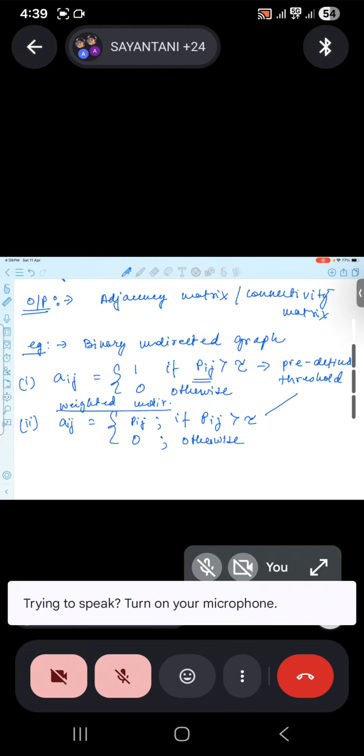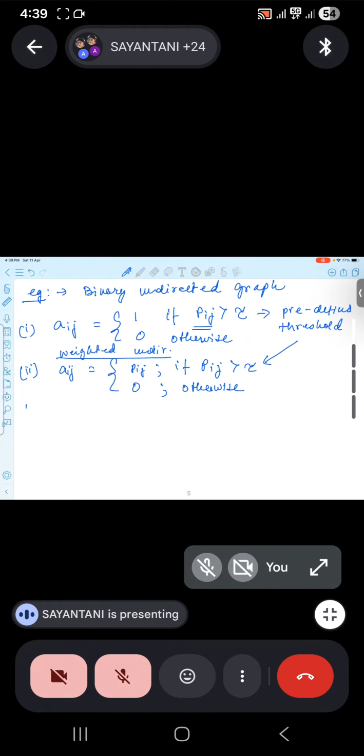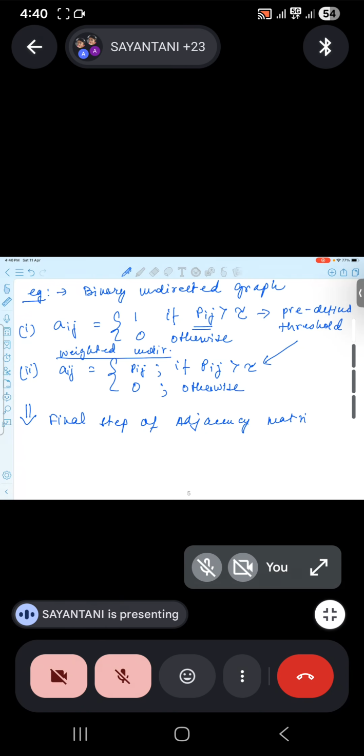So tau is the same thing, a predefined threshold. That means in these two basic steps, this is your final step of adjacency matrix computation, where you are performing some kind of thresholding.